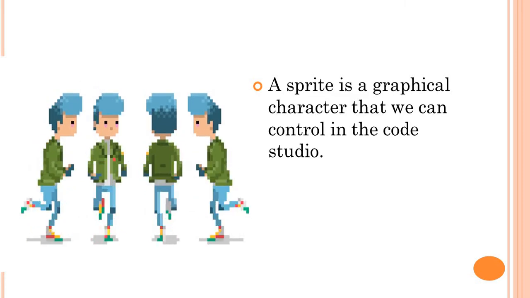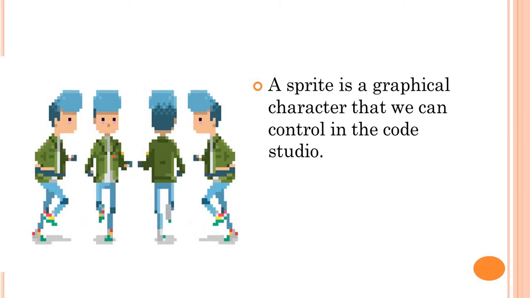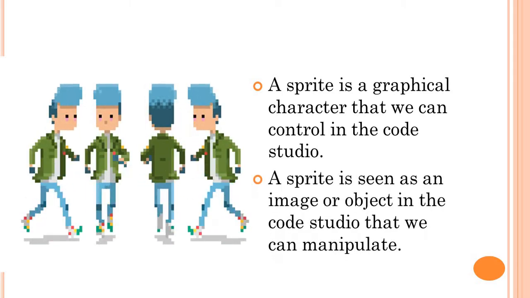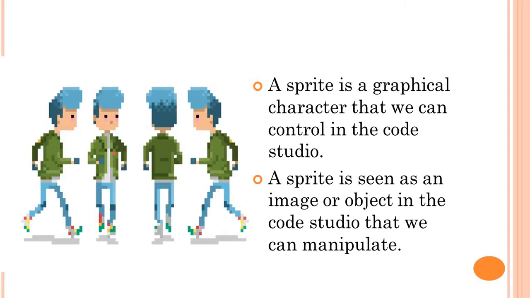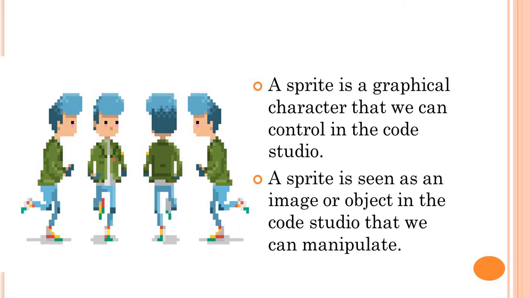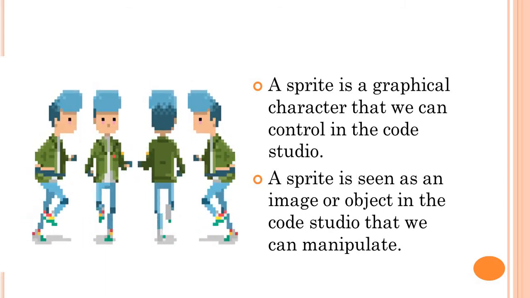Now, like I said, sprites are controlled by us. They are being manipulated by us, which is the programmers. Or we can say that a sprite is seen as an image or an object in the code studio that we can manipulate.